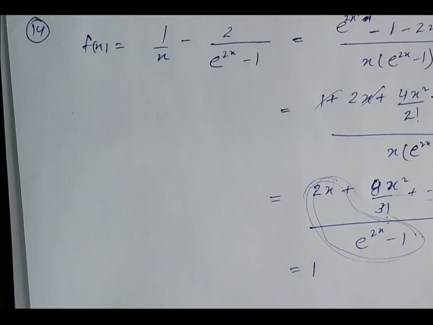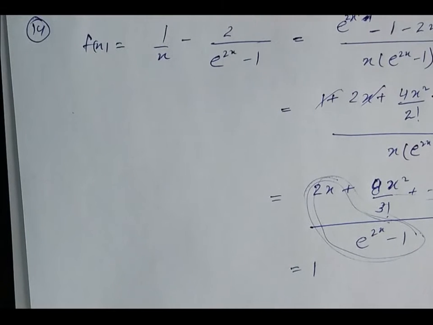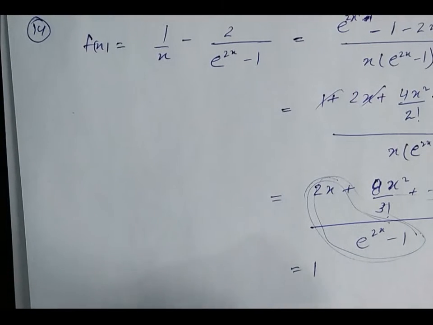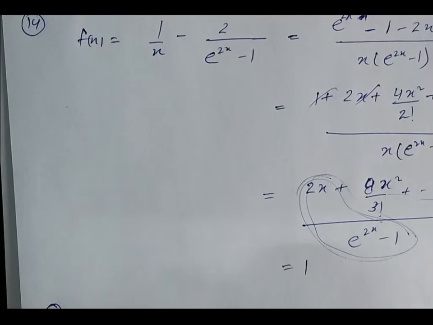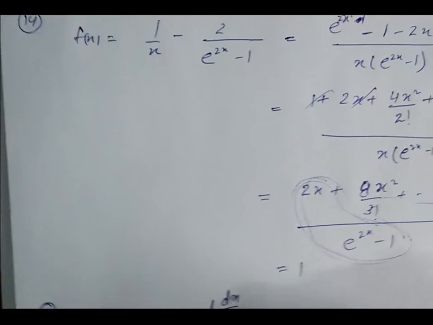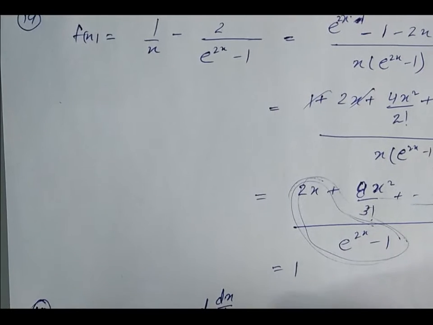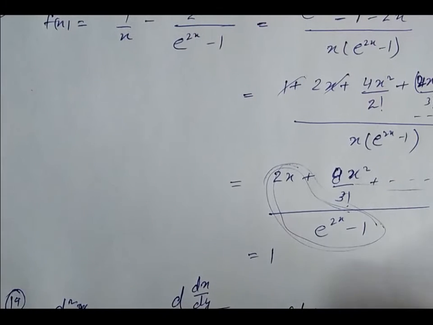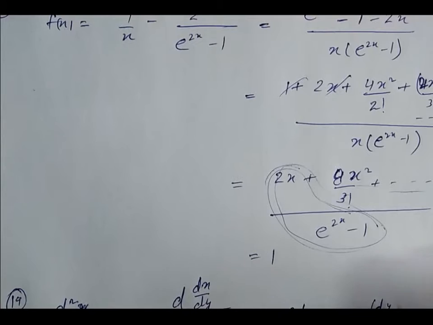Moving to next question, question number 19. So question number 19 says d square x upon dy square. So we need to reduce it. So d by dy of dx upon dy, which is d by dx of dx by dy times dx by dy. So this is dx by dy and this is d by dx of (dy by dx) to the power minus 1.